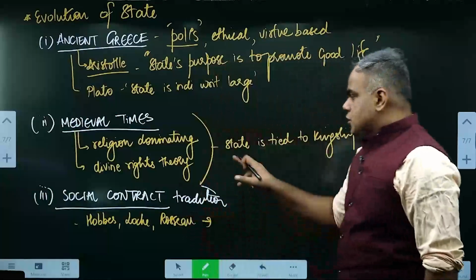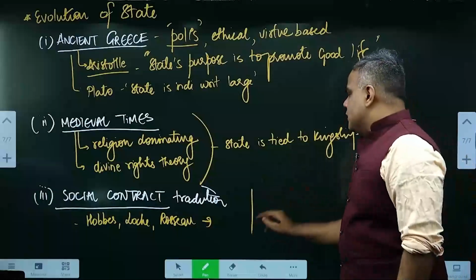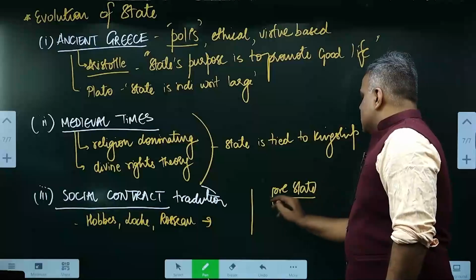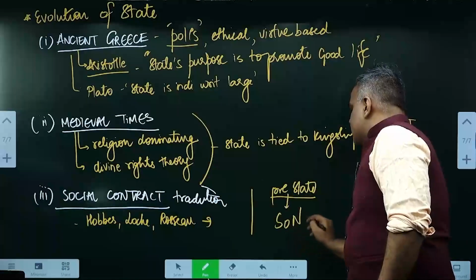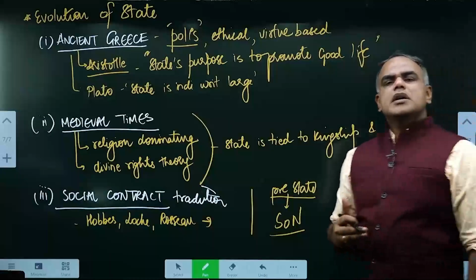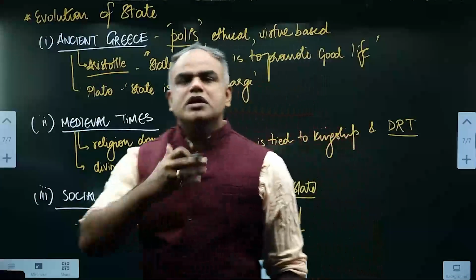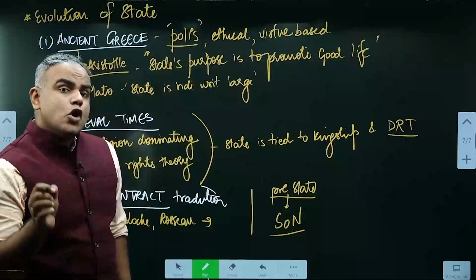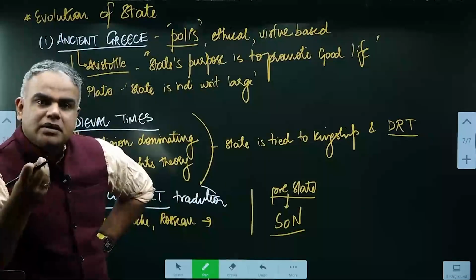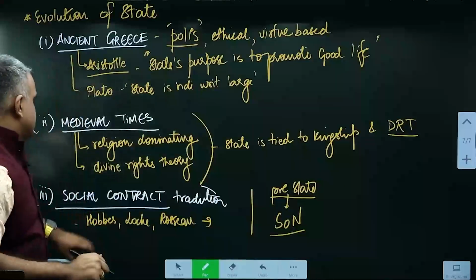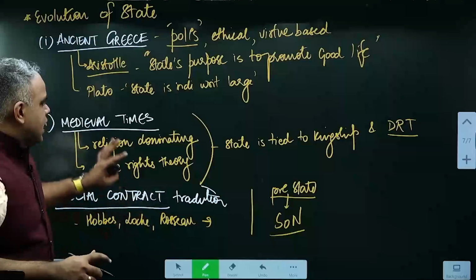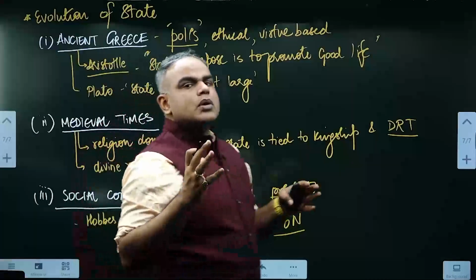Whenever I talk about the social contract, please remember, before the state, we are talking of something known as the state of nature. We have seen how for Hobbes, in the state of nature, life is nasty, poor, brutish, solitary, short. But for Locke, because Locke has an enlightened view of human nature, it is better, more positive.